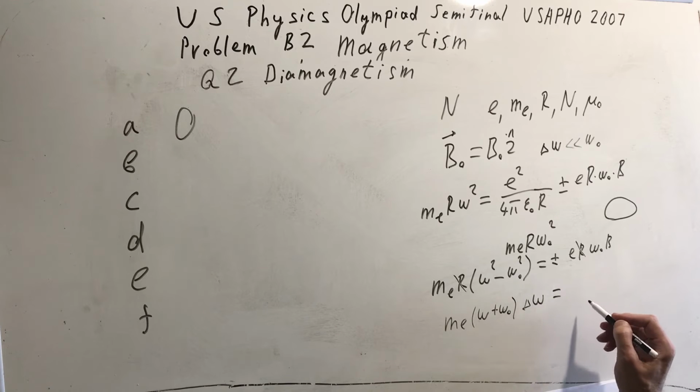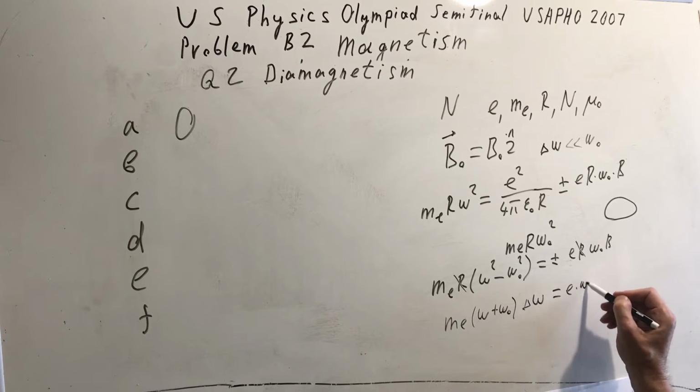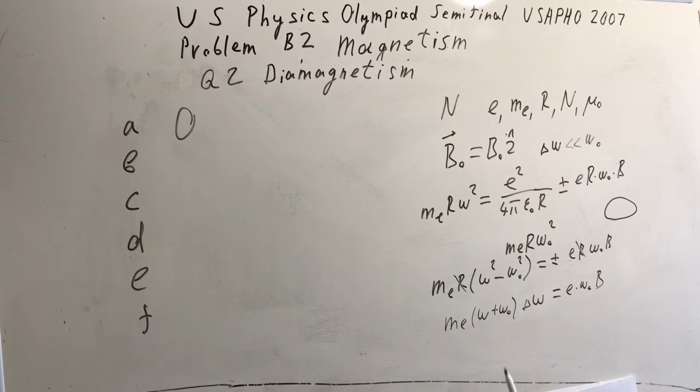That's equal to e omega 0 B. Because omega is very close to omega 0, we can replace the sum by 2 omega 0.